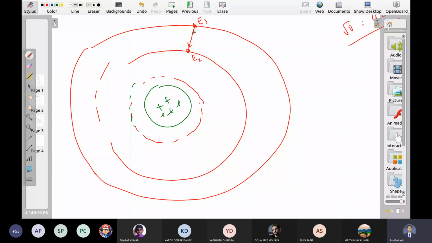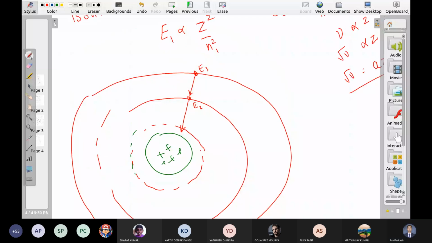Obviously this positive nucleus is trying to attract this electron, and we consider this force in the Bohr's model calculation. But at the same time, the remaining electron cloud, I mean the first shell and the second shell, the electrons of the first and second shell are repelling this electron.